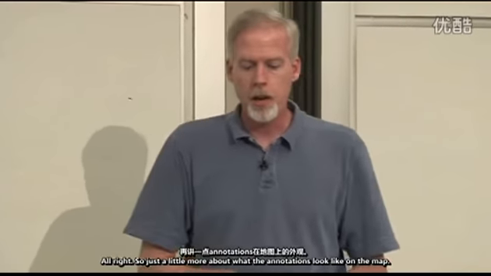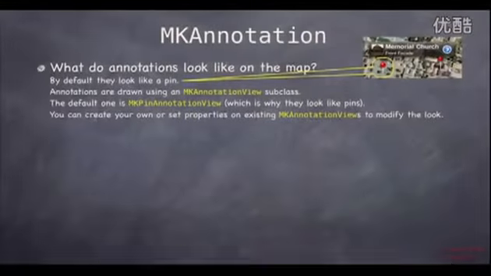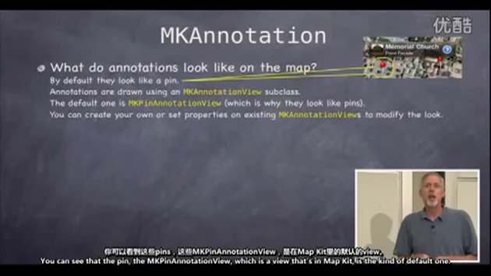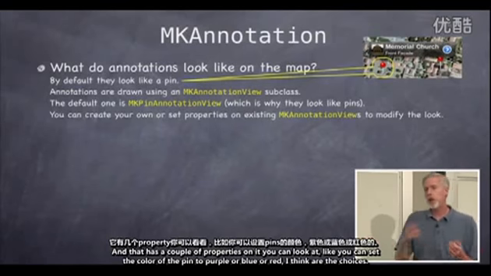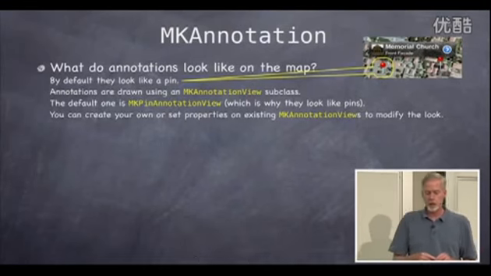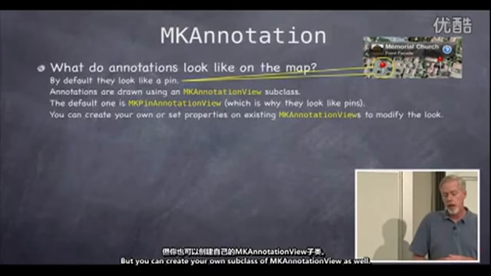All right, so just a little more about what the annotations look like on the map. You can see that the MK pin annotation view, which is a view that's in MapKit, is the kind of default one, and that has a couple of properties on it you can look at, like you can set the color of the pin to purple or blue or red, I think are the choices. So that's kind of the default, but you could create your own subclass of MK annotation view as well.